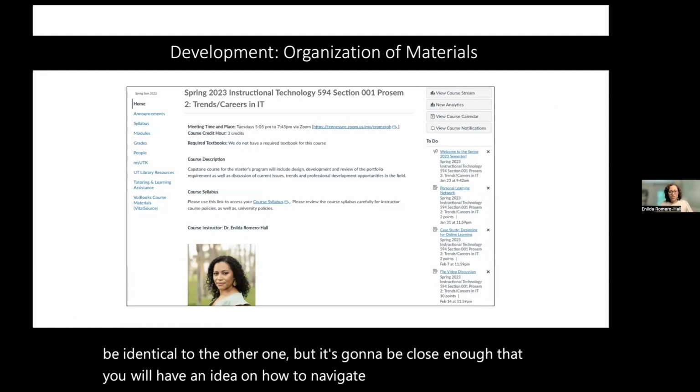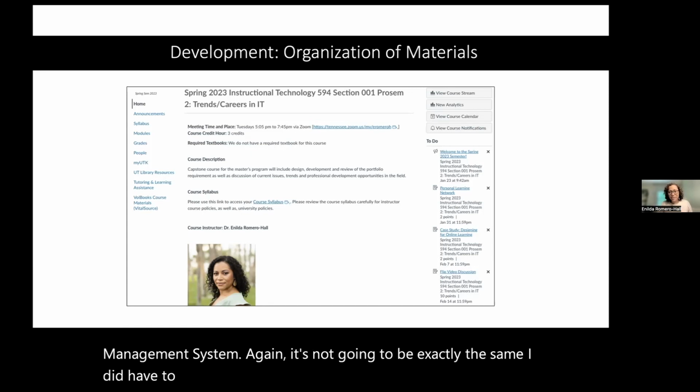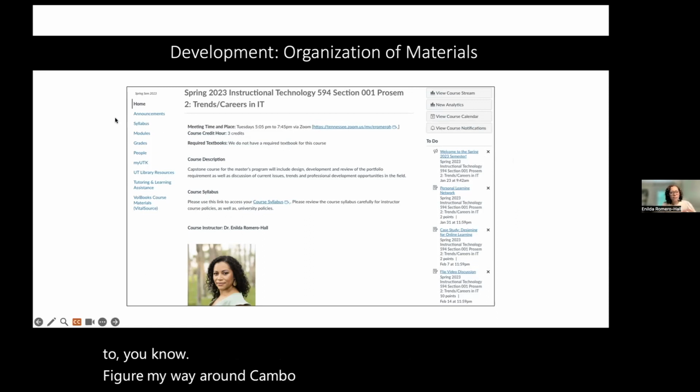Again, it's not going to be exactly the same. I did have to find assistance from YouTube and maybe connect with the instructional technology department a few times, but I was able to figure my way around Canvas.